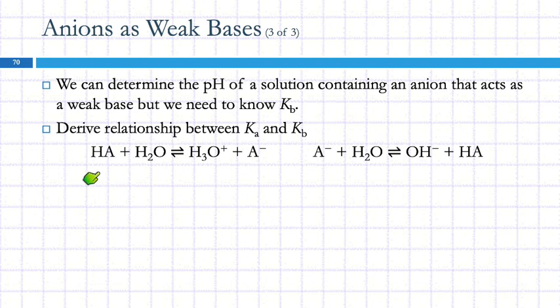So here we have an equation representing an acid, right? So Ka is equal to H3O plus times A minus divided by HA.